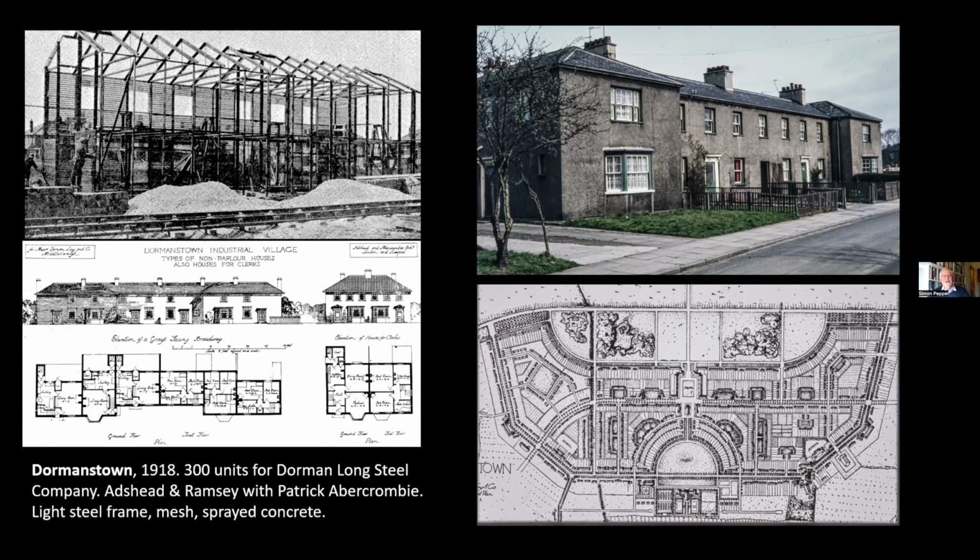They were using a system that the steel company saw both as a way of circumventing the great timber shortage of the war, but also as a possibility for non-traditional construction in the housing schemes that by now were promised to follow the war.